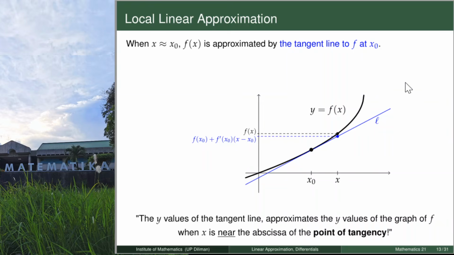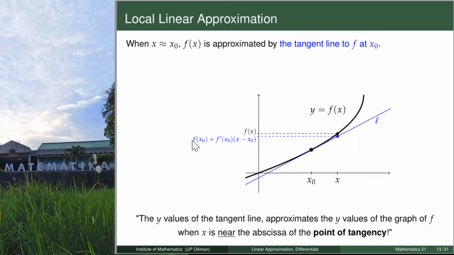But let's look at this illustration. When x is close to x naught, f of x is approximated by the tangent line. In this case, the tangent line is blue and our f of x is black. We can see that as x becomes close to x naught, the blue and the black dots, the y values here, are very close to each other, and they become even closer as x becomes closer and closer to x naught.